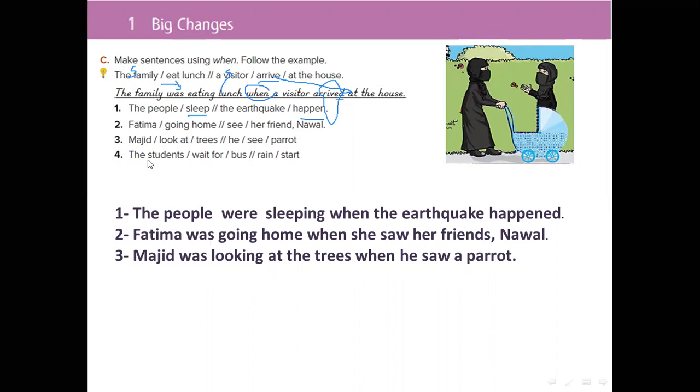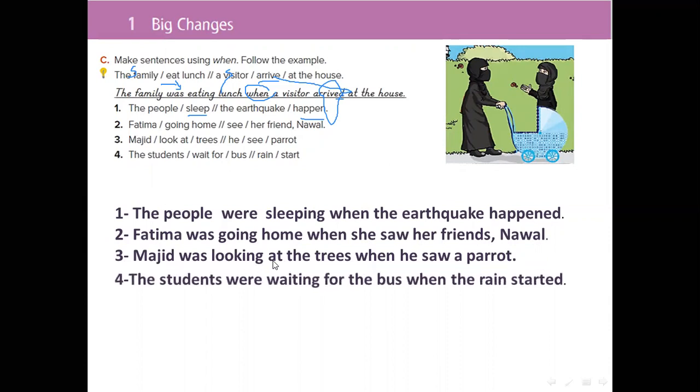Number 4, the students wait for the bus, the rain start. When we use when, excellent, before the second subject, where is the main verbs? Wait for and start. Now we will write the answer.